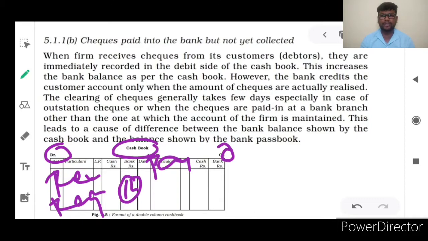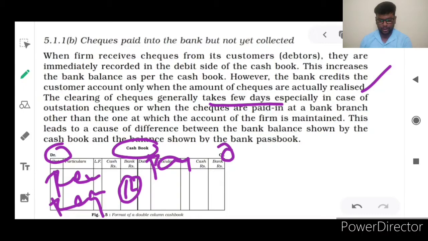So it will take some time, nearly 2 to 3 days, for the collection period. The clearing of checks generally takes a few days, especially in the case of outstation checks or when the checks are paid in at a bank branch other than the one at which the account of the firm is maintained.